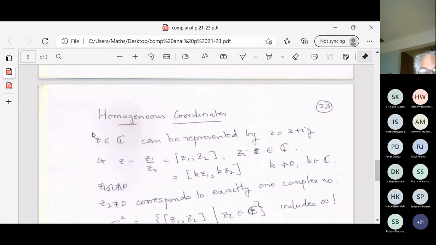And if z2 is equal to 0, that equivalence class corresponds to exactly 1 point. Okay, and that is a point infinity.